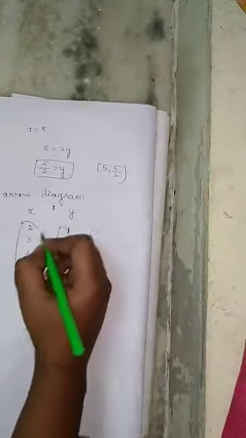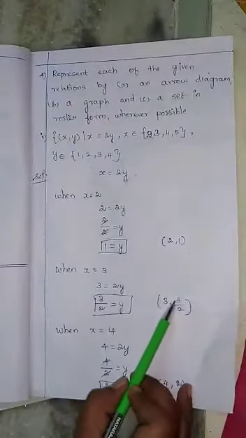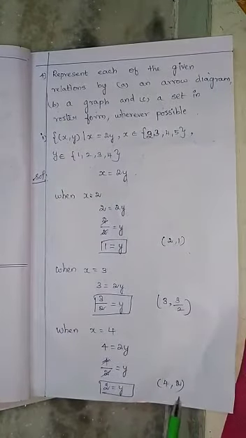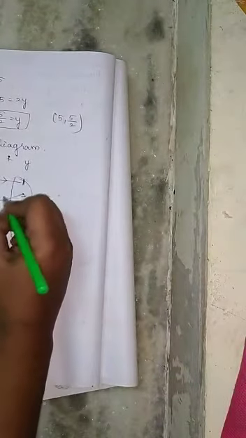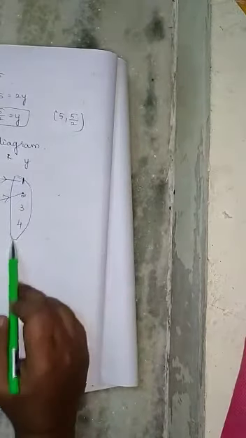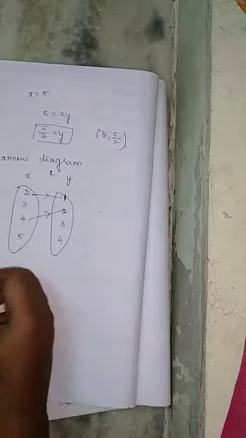So 2 is mapped with 1. And next, if you are putting 3, you will get the answer 3 by 2. 3 by 2 is not in y section. 4 means it is mapped with 2. So 4 is mapped with 2. If you are putting 5, it is mapped with (5, 5/2), but in y term 5/2 is not there. So leave it.